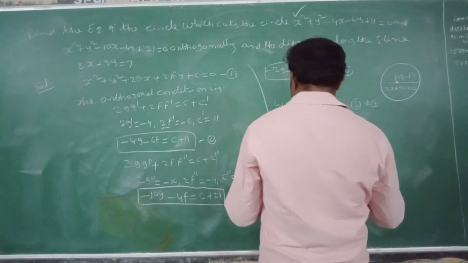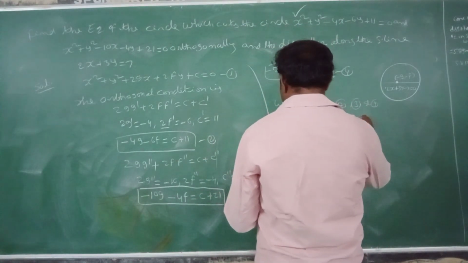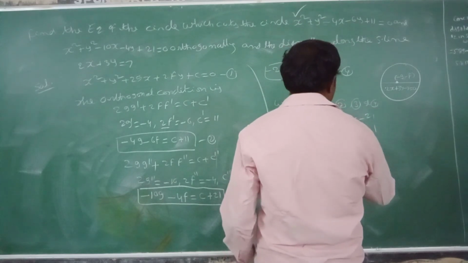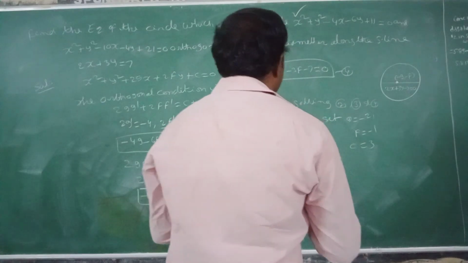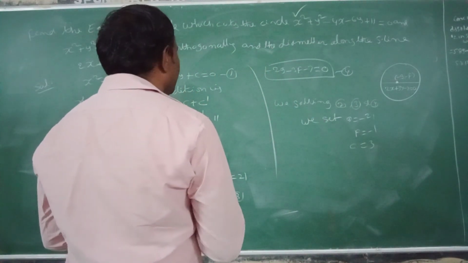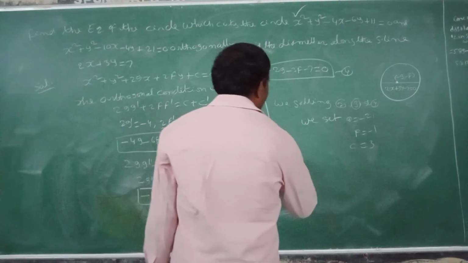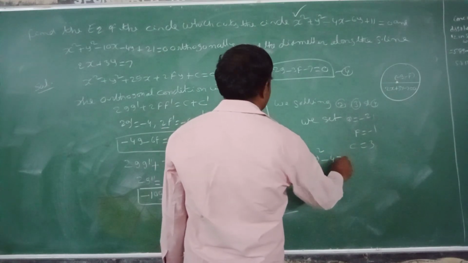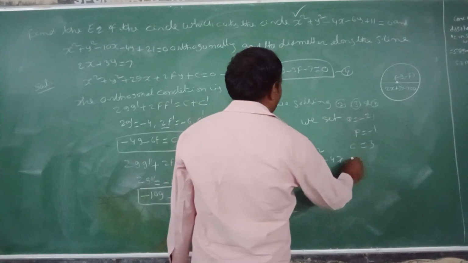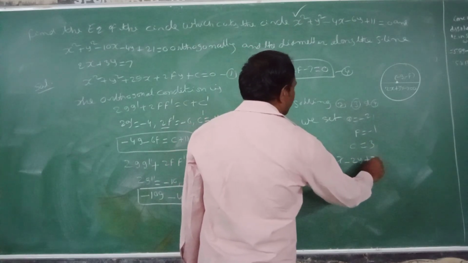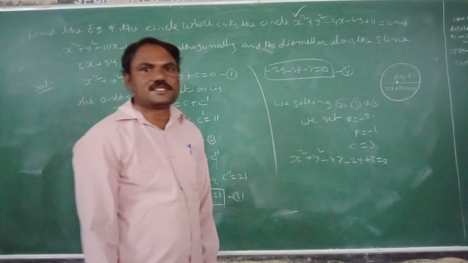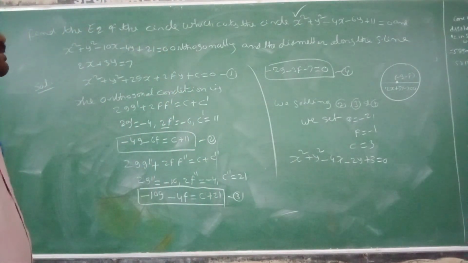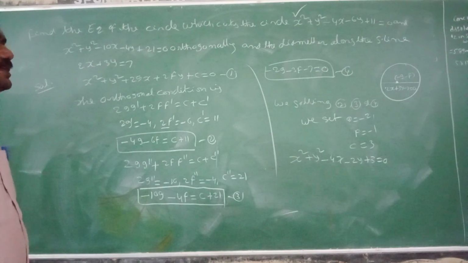So g is equal to minus 2, f is equal to minus 1, c is equal to 3. Substituting these values in the general equation of the circle, x squared plus y squared minus 4x minus 2y plus 3 is equal to 0, which is the required circle satisfying the given conditions. Okay, thank you.